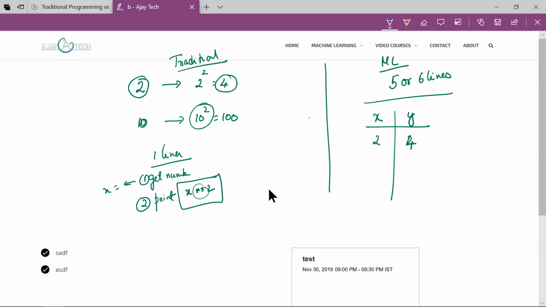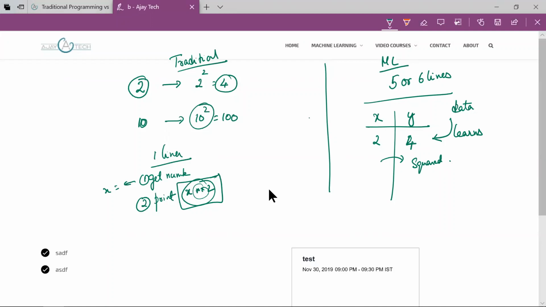So we give machine learning a set of data. This machine learning algorithm learns from this data. What does it learn? It learns the underlying pattern. The underlying pattern is that the number is being squared.